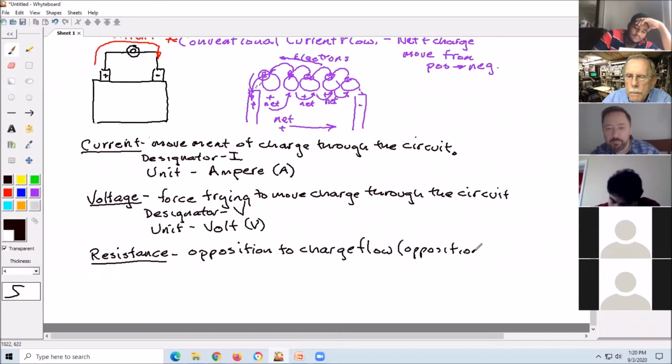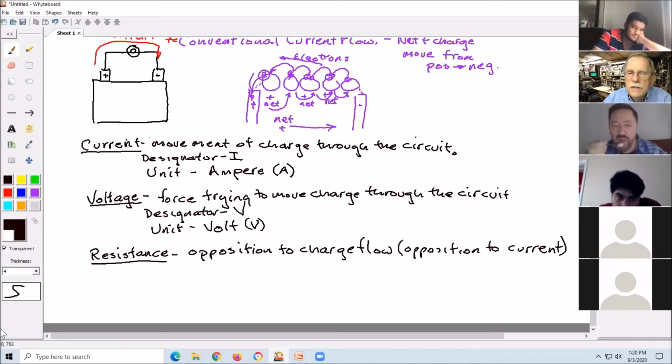Since we said that the flow of charges is current, we could also say that the resistance is the opposition to current. Okay. The designator we would use in an equation is the letter R.